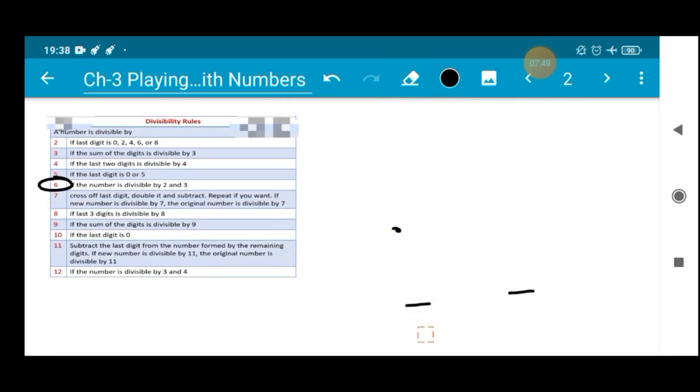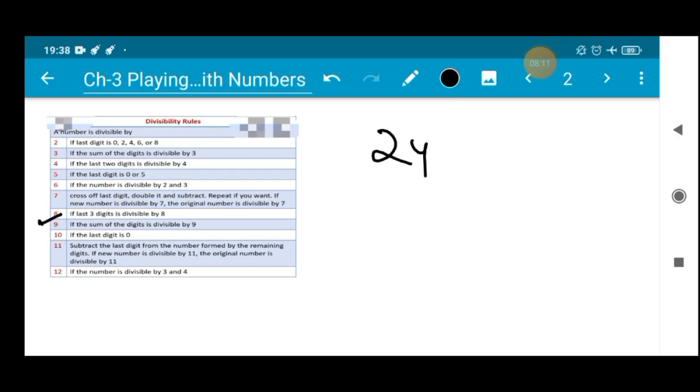Okay, alright, so let's proceed to the number 7. For number 7, it is not mentioned in the question, so let's not discuss it for now, as there will be quite some confusion. So let's proceed directly to the number 8. How to check now? If the last 3 digits are divisible by 8. If you have only 2 digits, then it is not applicable over here.